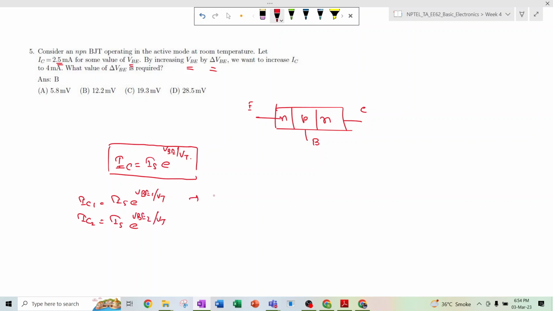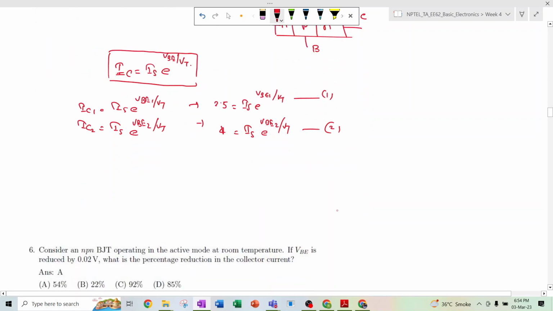So 2.5 is IS e to the power VB1 divided by VT, and this IC2 is 4 milliampere, equal to IS e to the power VB2 by VT. So this is equation 1 and this is equation 2.